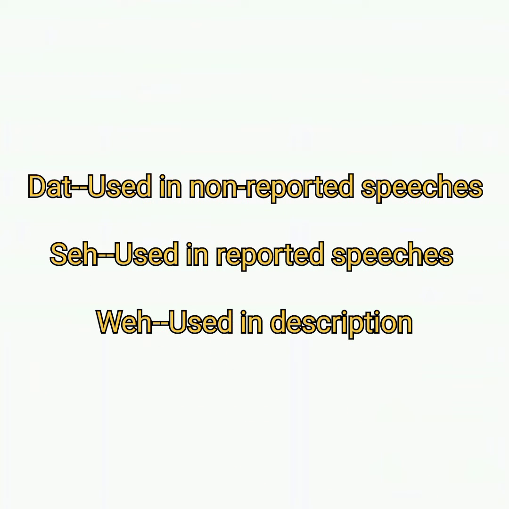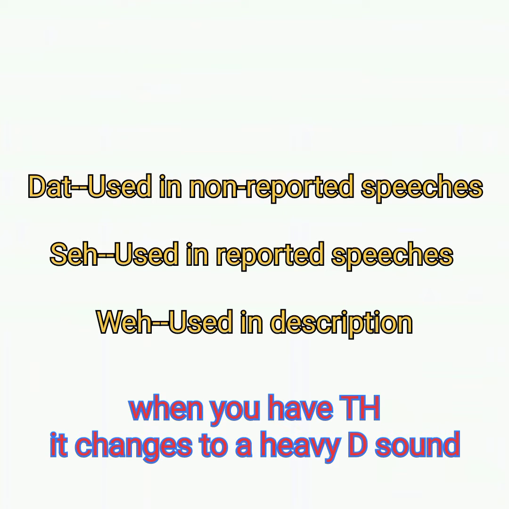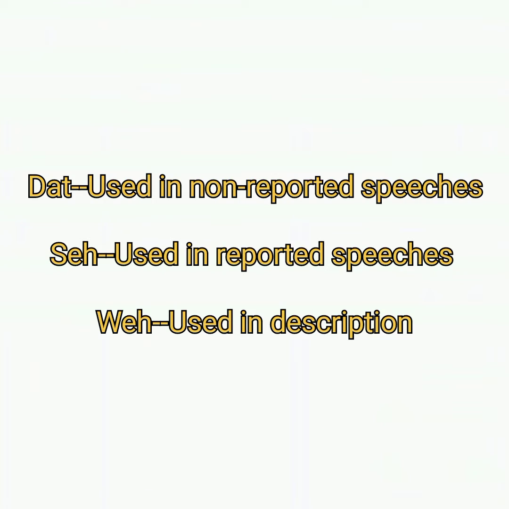Firstly, we have DAT, which follows the rules of pronunciation in Patois. When you have th, it changes to a heavy D sound. So that is used in non-reported speech.